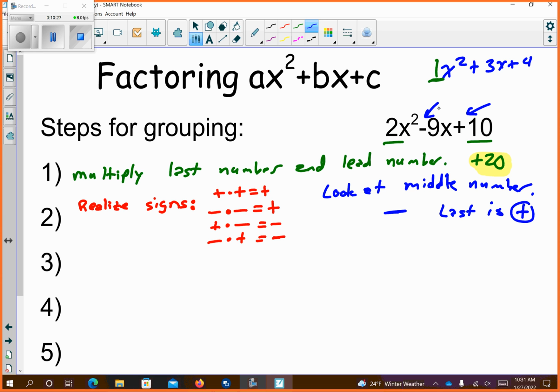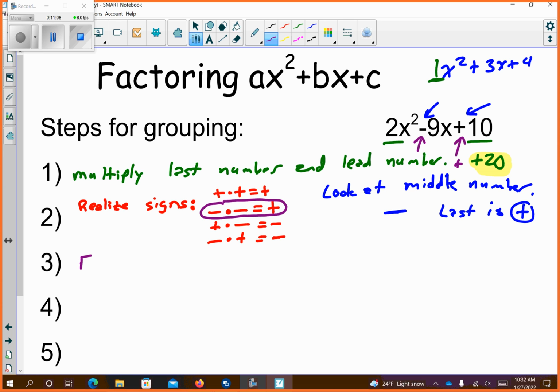We have to use a little critical thinking here. If I multiply two numbers together and I get a positive, but if I add those numbers together and I get a negative, that means I'm looking for this type of routine. Being that this here is positive and this here is negative, that means our problem has to have two negative signs when we're doing it.